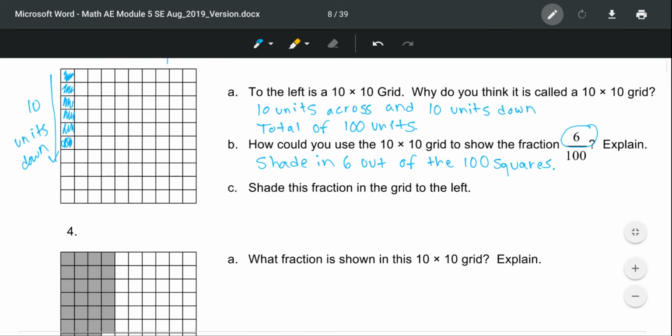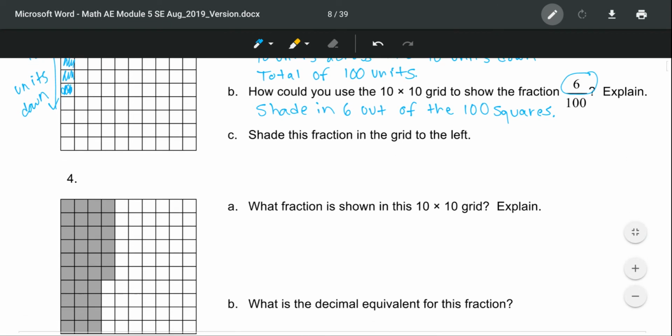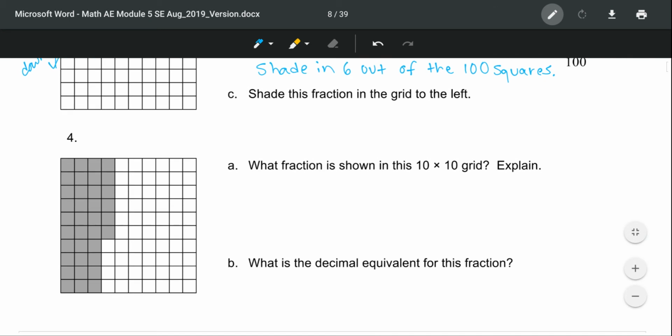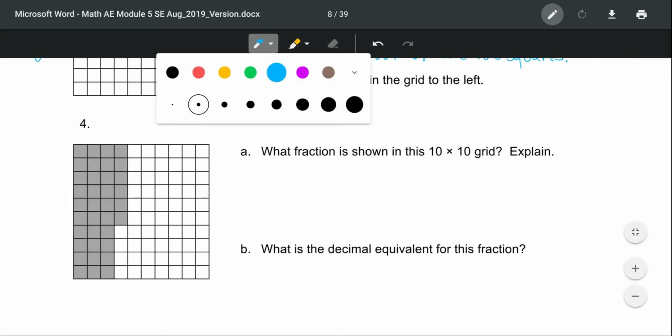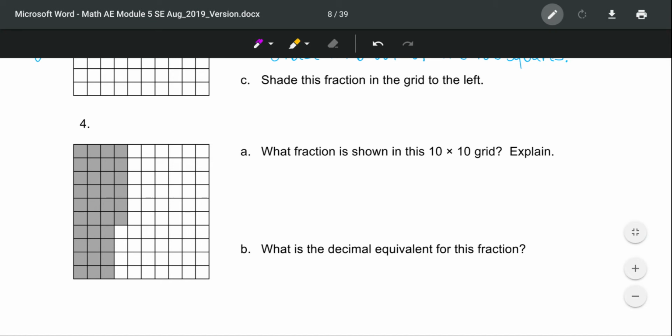Okay, number 4a, what fraction is shown in the 10 by 10 grid? So look at how many of the squares are shaded in. You can count one by one, but notice if it's a 10 by 10 grid, that each column has 10 squares. So this first column has 10, the second column has 10, and the third column has 10.